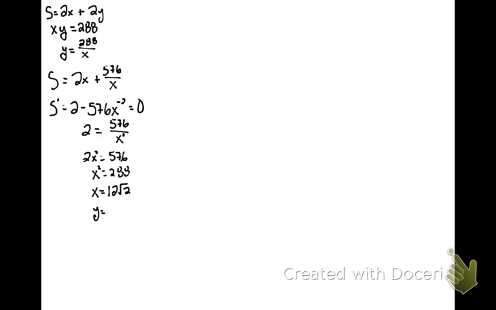Y is equal to 288 divided by 12 root 2. And this simplifies down to 24 over root 2. Or if we rationalize this, 24 root 2 over 2, which is just 12 root 2. So our numbers are 12 root 2 and 12 root 2. So these are the two numbers that will minimize the sum.